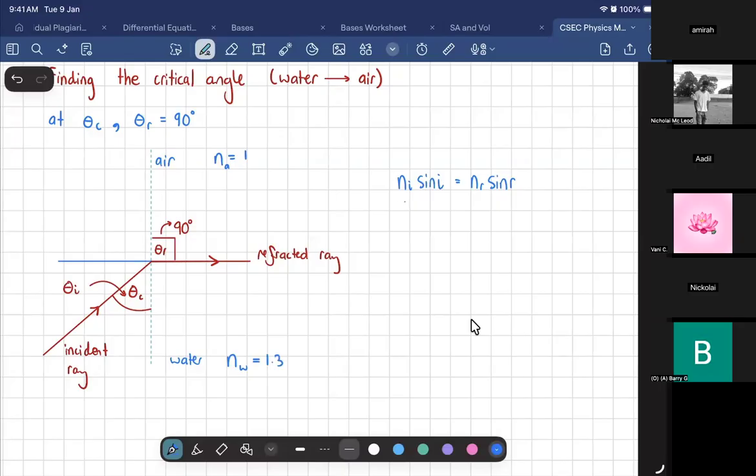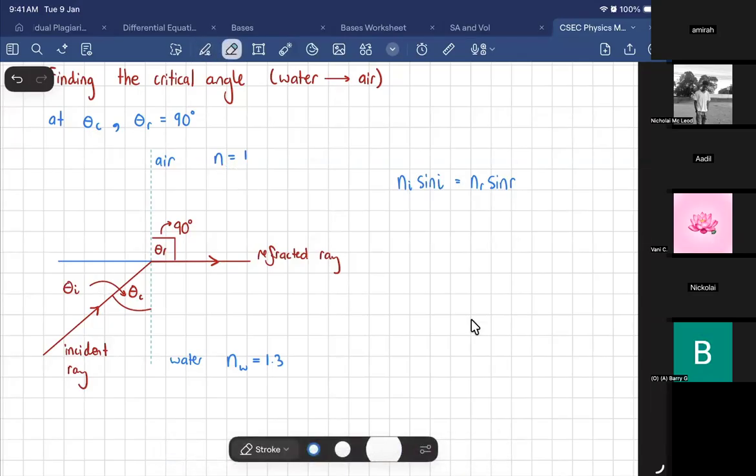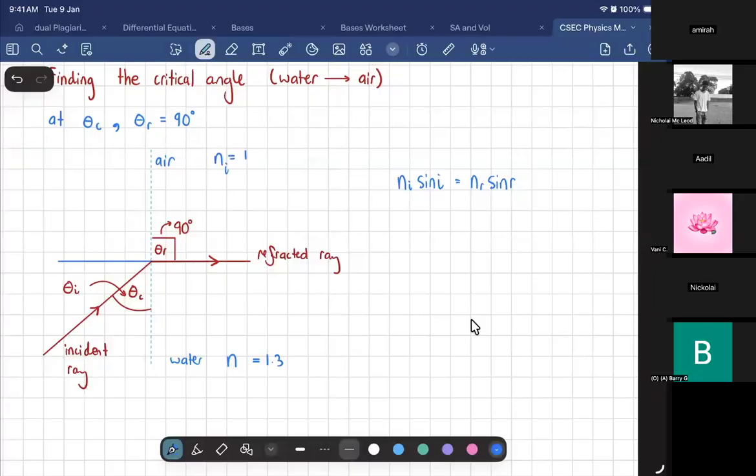And if you want to make it even less confusing, you could change Na to Ni. I'm not saying change that to Nr, because the refracted ray is in air, and where is the incident ray? In water. So I could change this to Ni. So we shouldn't be confused now about what to write next.